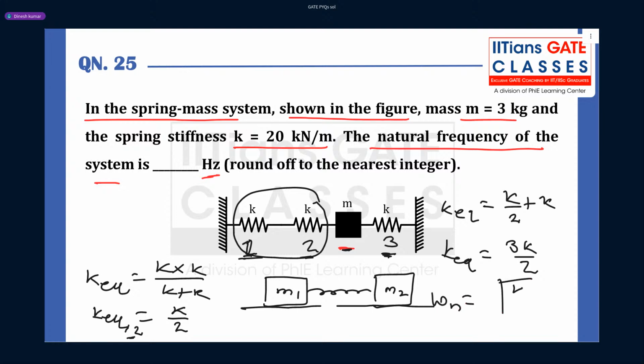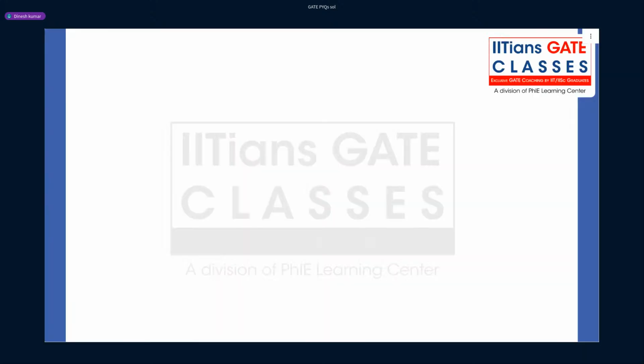It will be k equivalent by m, and k equivalent is 3k by 2. Omega n is the square root of that, and what is the mass? The mass is given as 3 kg. So let's substitute in the next step.